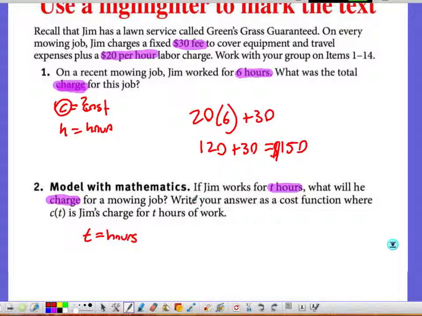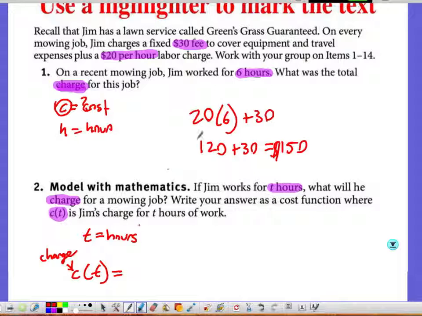Write your answer as a cost function where C of T is Jim's charge for T hours of work. There you go. It gives you the notation for the function. C of T. C stands for, again, charge, and T stands for hours.